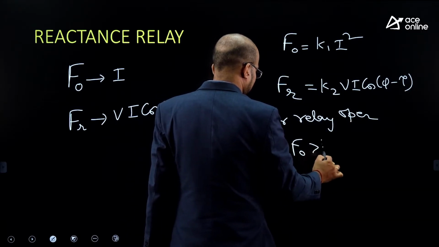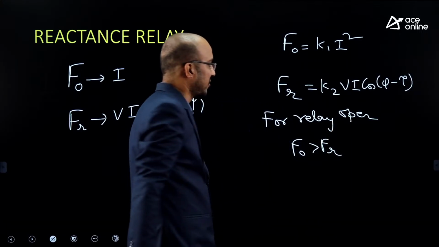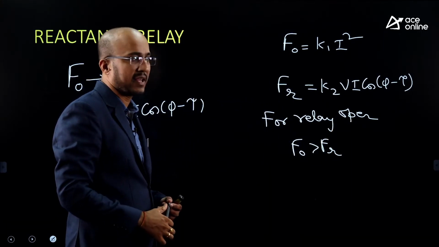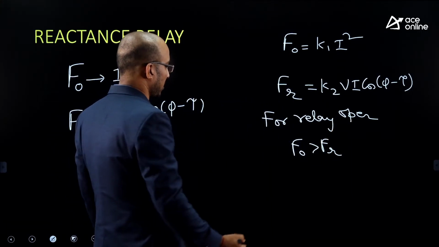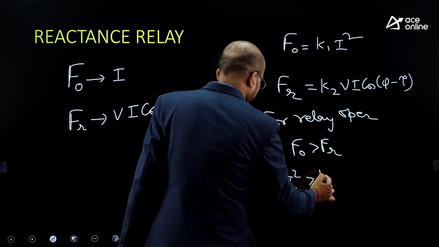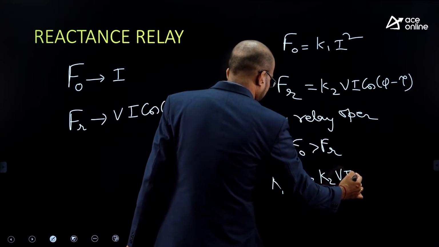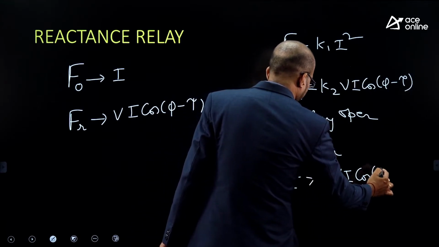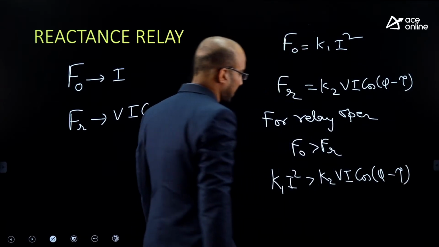Operating force should be greater than the restraining force. When F naught is greater than Fr, the relay is expected to operate. That is, K1 I square is greater than K2 Vi cos of phi minus tau.